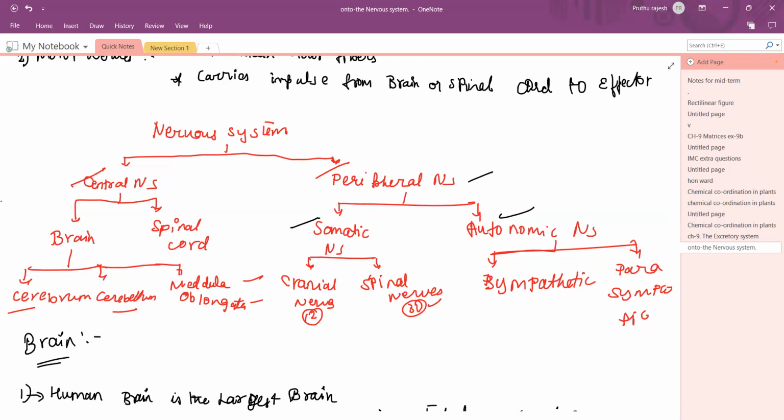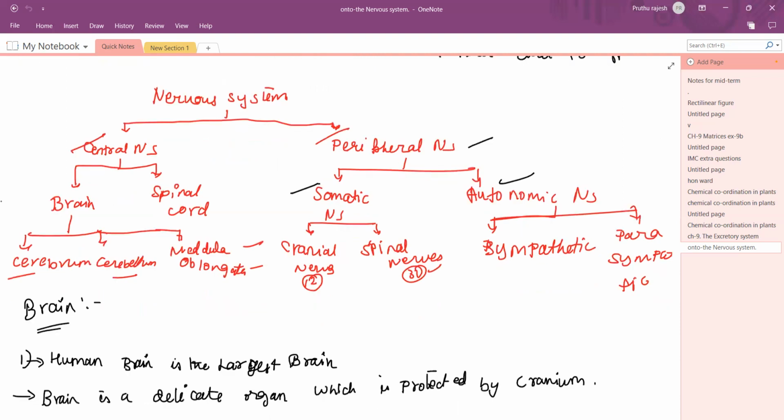Cranial nerves are 12 in number, and these include sensory nerves like the olfactory, optic, and auditory nerves. Next come spinal nerves, which are 31 pairs.